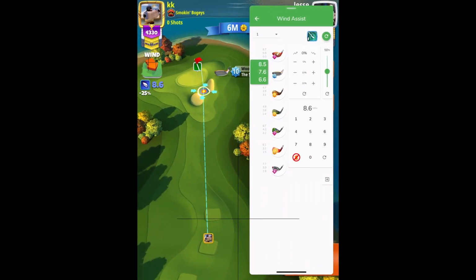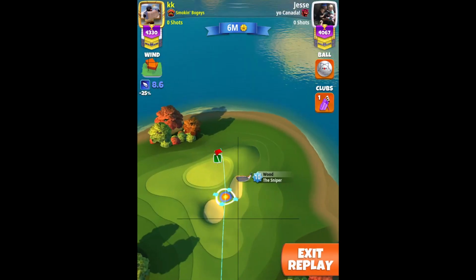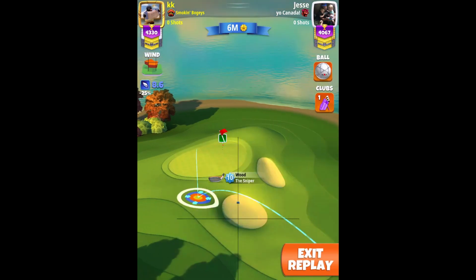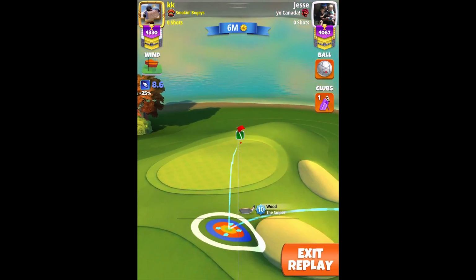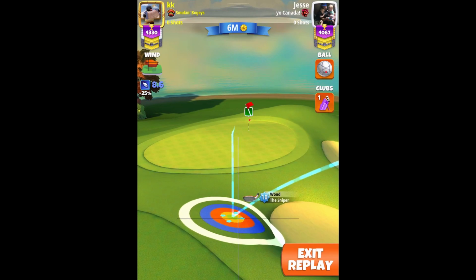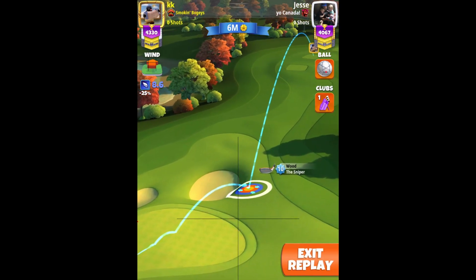Here's a left to right head crosswind. And I'm gonna set up with 1 right spin and about 3.9 backspin. I'm adjusting plus 10% max.